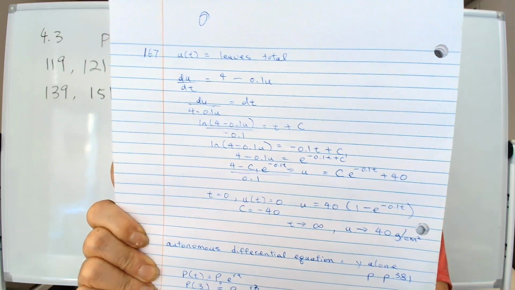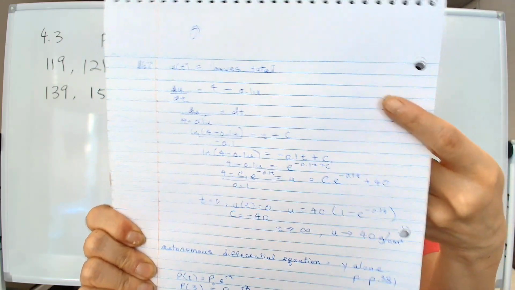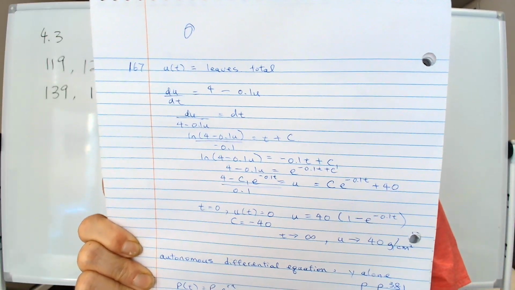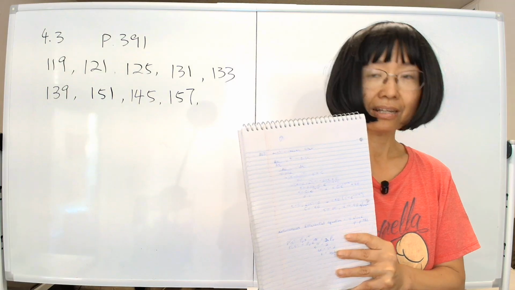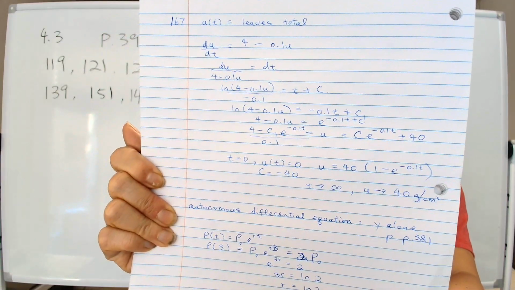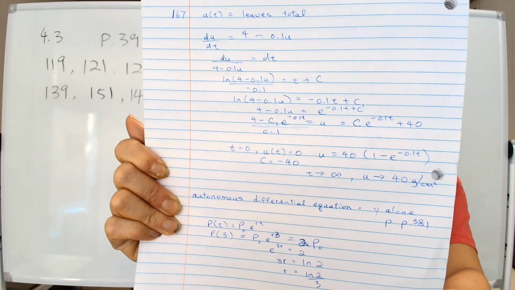And then the leaves increase by 4 grams per year. Is it 4 grams? Let me check. Okay, it's actually 4 grams per centimeter per year, which is fine. So it gains 4 grams per year, roughly speaking.